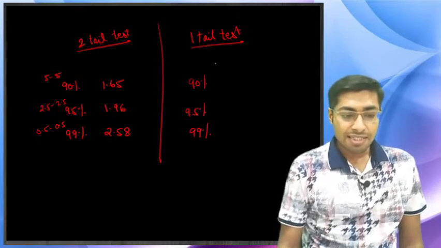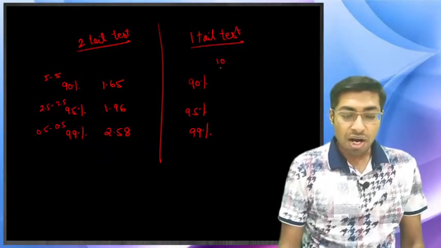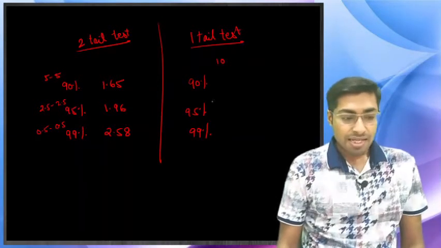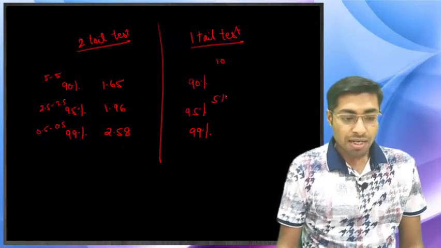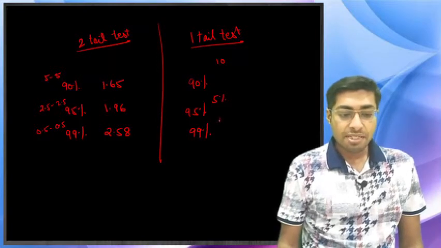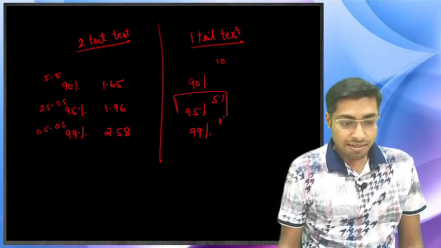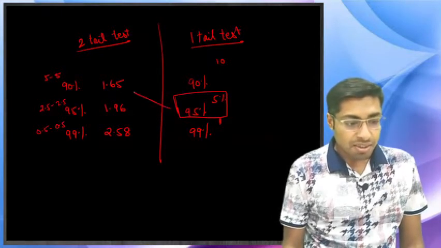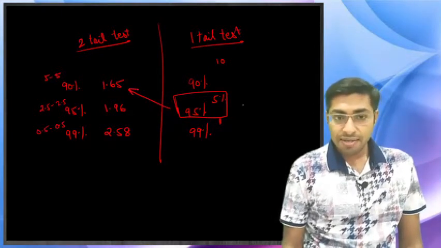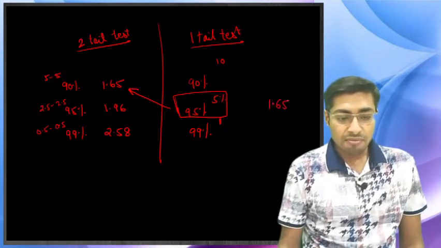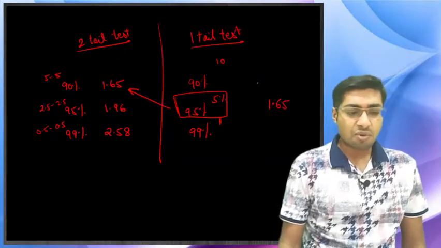Under this, there will be 10% under one tail only, there will be 5% under one tail only, and there will be 1% under one tail only. So this 5%, is that resembling this, right? Therefore, the critical value will be 1.65. And this is what you will have to remember.